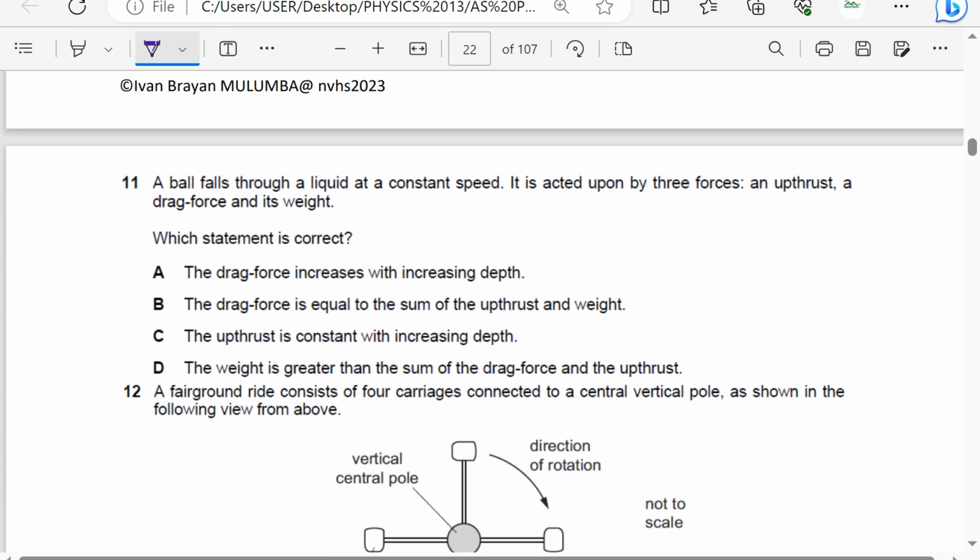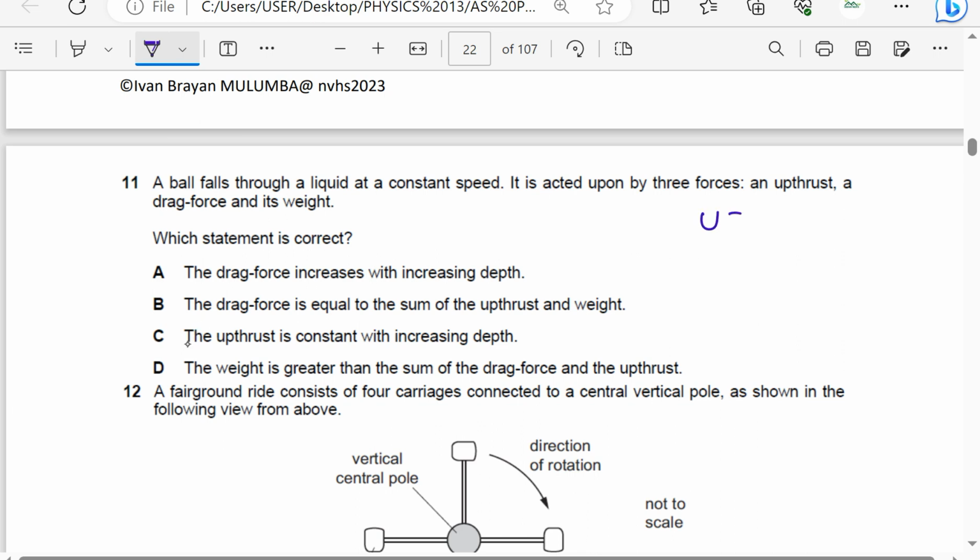A ball falls through a liquid at constant speed. It is acted upon by three forces: an upthrust, a drag force, and its weight. Which statement is correct? So on 1, the weight should be constant.